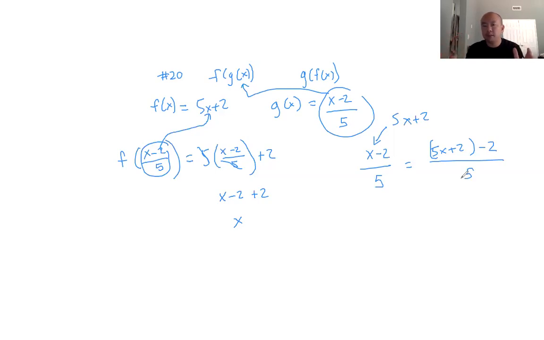If you don't put the parentheses in, you tend to forget about the distributive property and get things messed up. Parentheses always indicate that you're substituting, that you're replacing the variable. Then you go from here, it becomes 5x. You can get rid of the parentheses now and subtract the 2, so it becomes 5x over 5, and 5x over 5 equals x. Since they both equal x, they are inverses of one another.